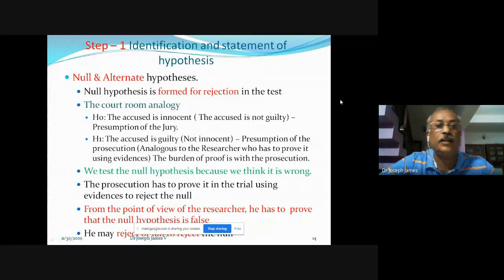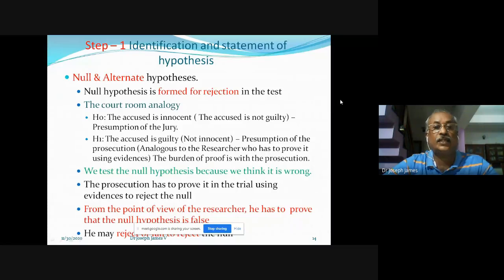And when we apply this analogy to research, we say that the null hypothesis is formed for the purpose of rejection, and the researcher wants to prove that the null hypothesis is false, or wrong. Therefore, the alternate hypothesis, which is just the opposite of the null hypothesis, is known as the researcher's hypothesis.